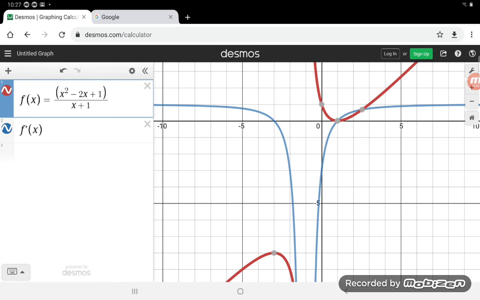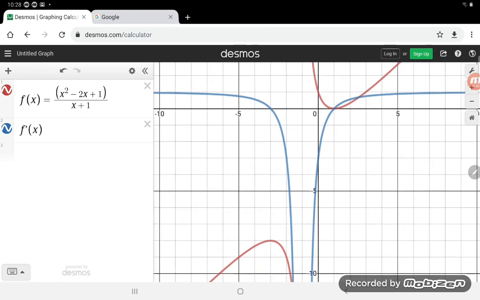So we can see by the gray points there that that is at -3, and that is a relative max. That is at 1, and it is a relative min, and the function has a vertical asymptote at x equal -1. And we look at the derivatives. The function's increasing to the left of -3.